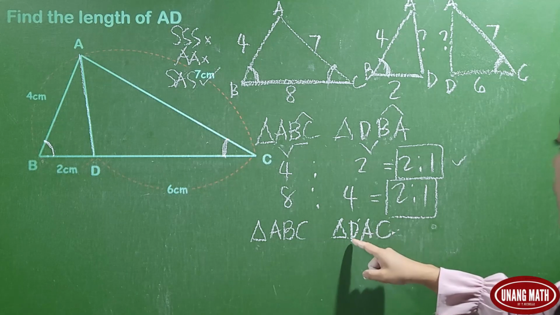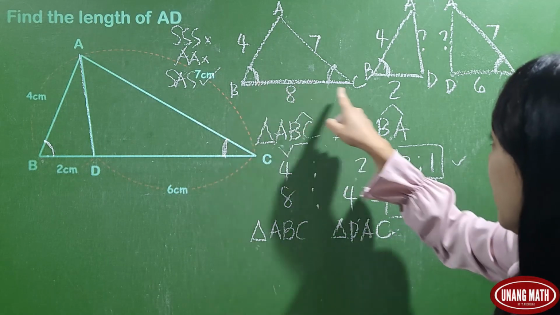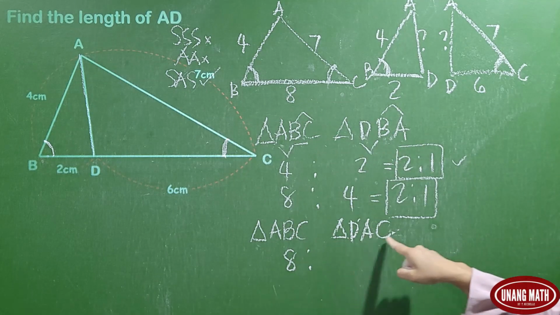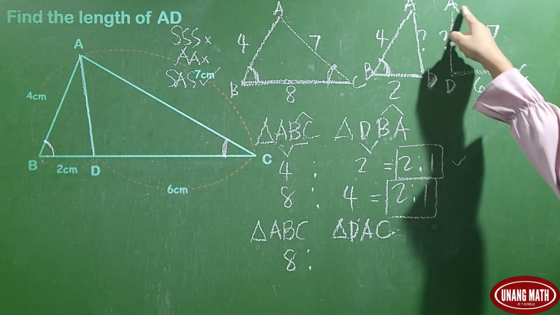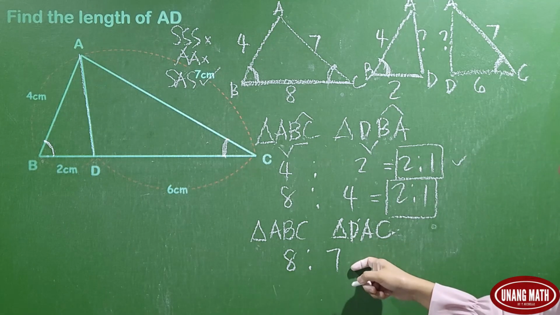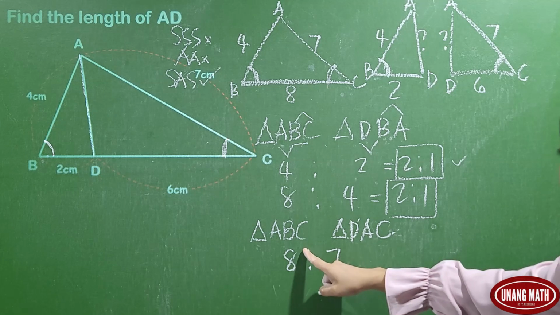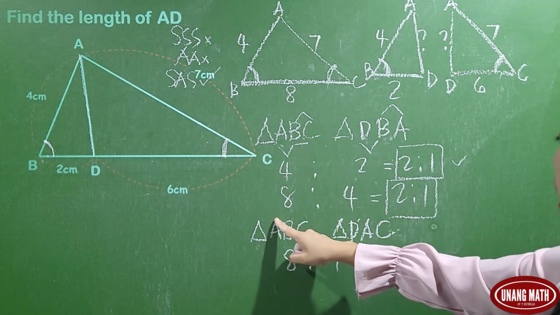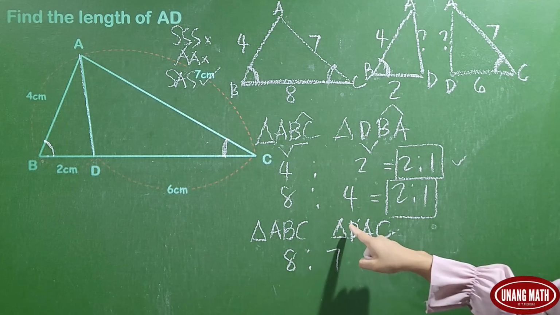Okay, now BC is 8 centimeters. BC corresponds to AC. AC, which is 7. So this is 8 is to 7. Okay, what about this time? AC, DC.